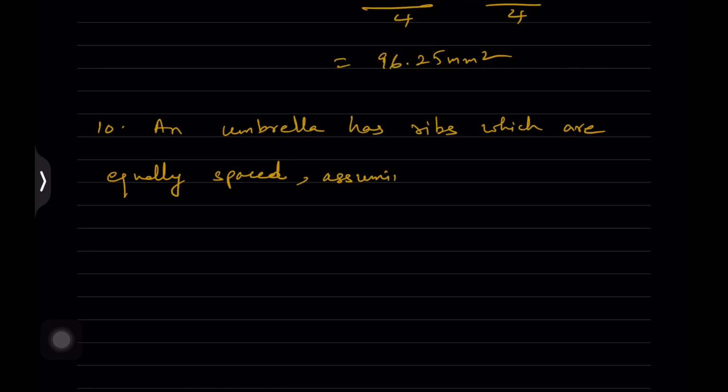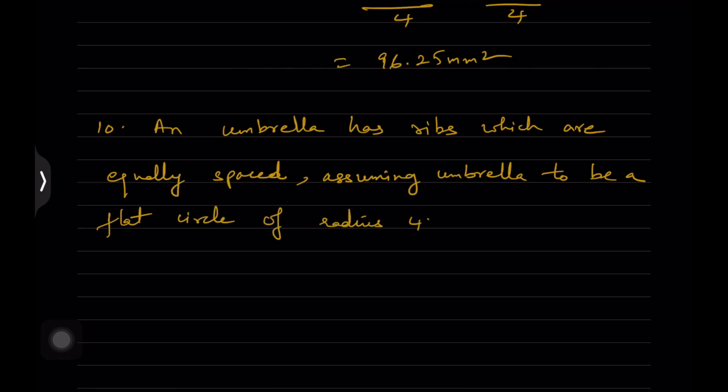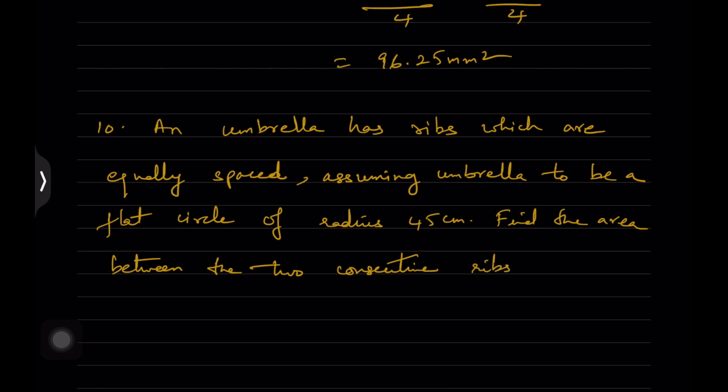Assuming the umbrella to be a flat circle of radius 45 centimeters, find the area between the two consecutive ribs of the umbrella.